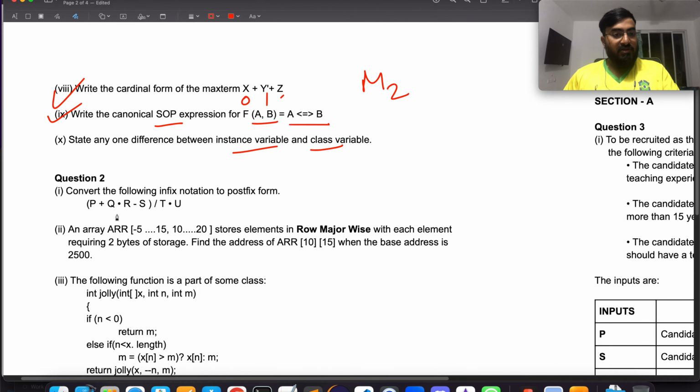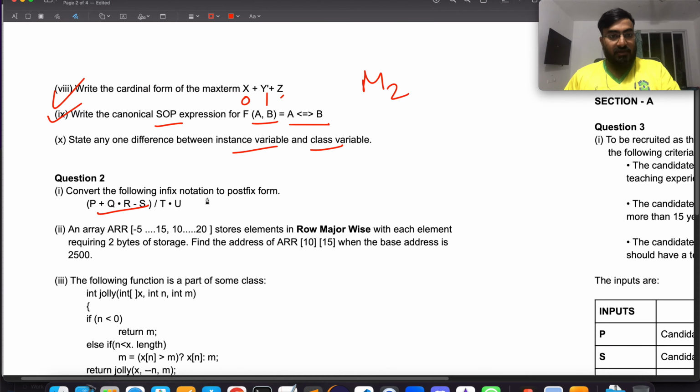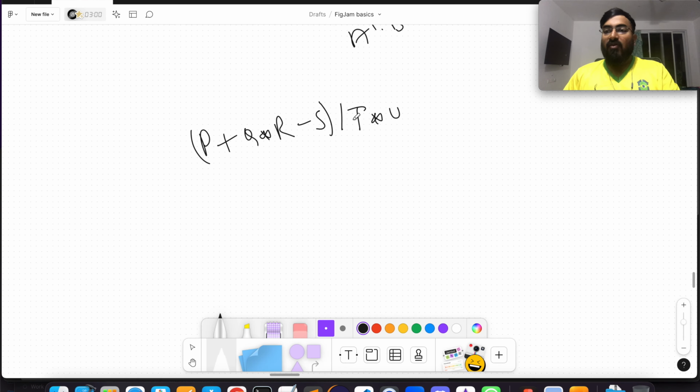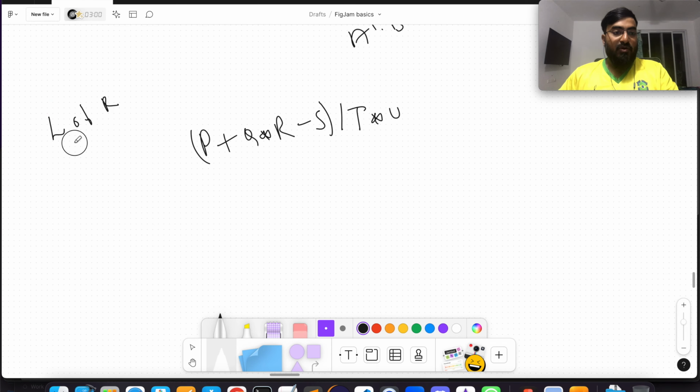Moving to question 2, convert the following to postfix. So I am going to take this equation. You can follow the stack method, but I have a shorter way to do this. For anything given as left, OP and right, to convert to postfix I am going to change any form like this to L R OP, where L and R are variables and OP is an operator.